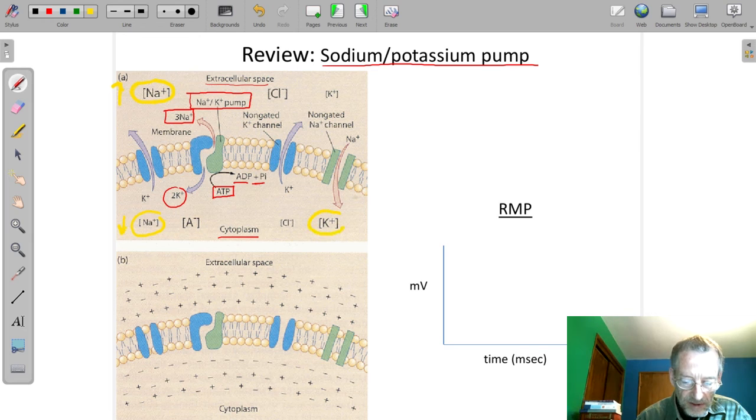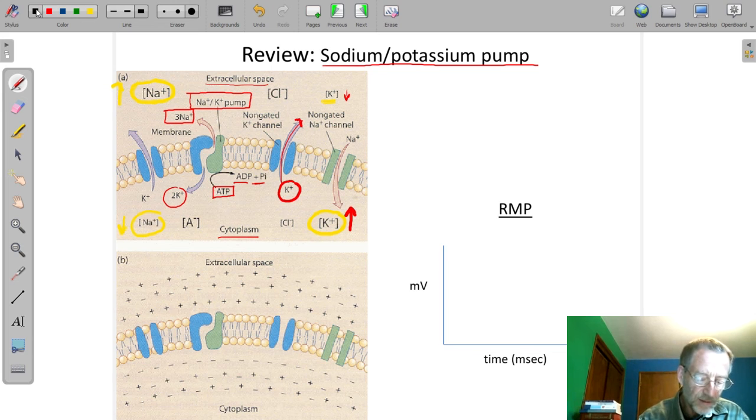Most of the potassium is inside cells, with a little bit on the outside. That sets up this chemical gradient. The other piece of this sodium-potassium pump story that sometimes doesn't get discussed much is the potassium that leaks out. We have more potassium inside and less potassium outside, and the potassium flows out through these leakage channels.